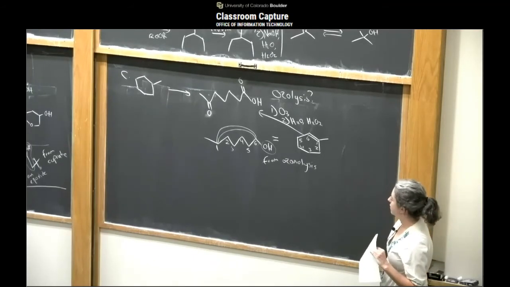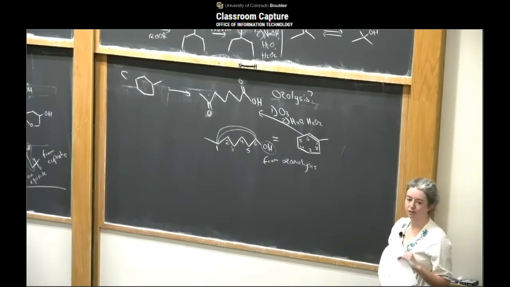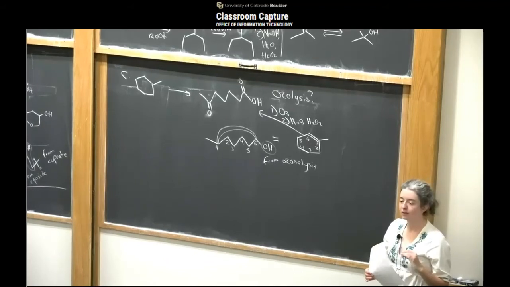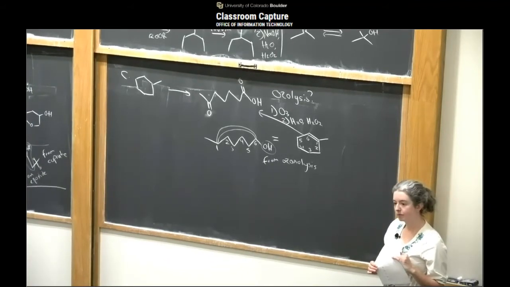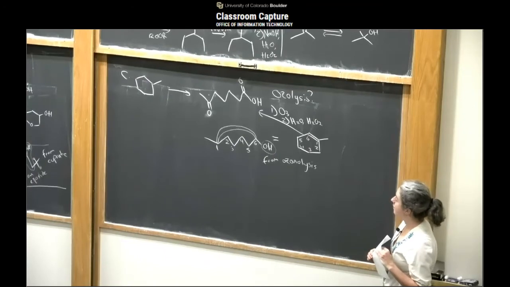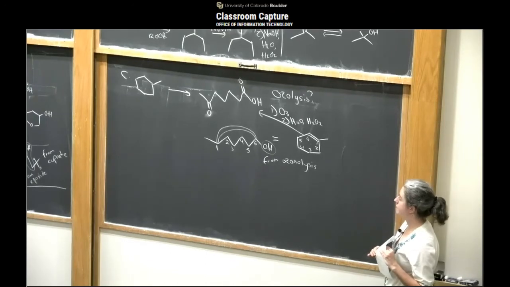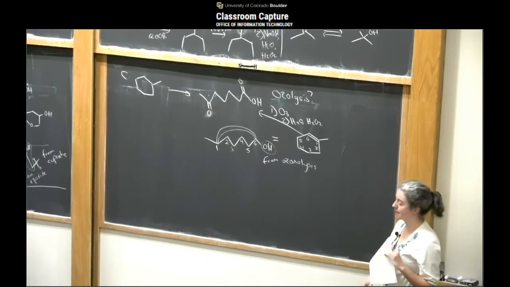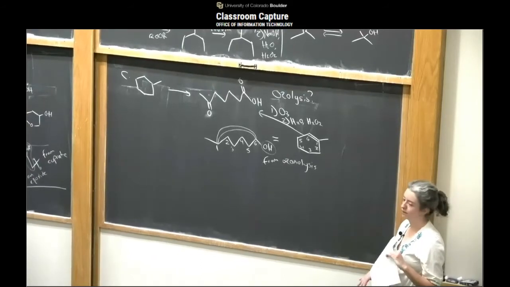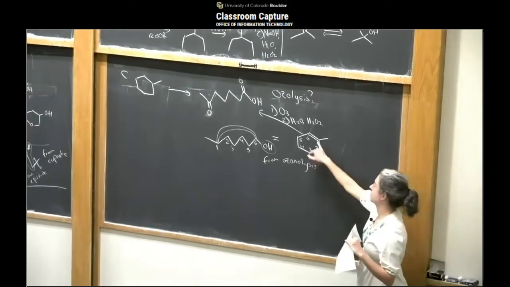Okay, so any questions about figuring that part out? Yeah. So we didn't cover that, but yeah, there's a few oxidizers. I mentioned KMnO4 is not a great choice out of the strong oxidizers because it'll actually go for carbon-carbon double bonds.